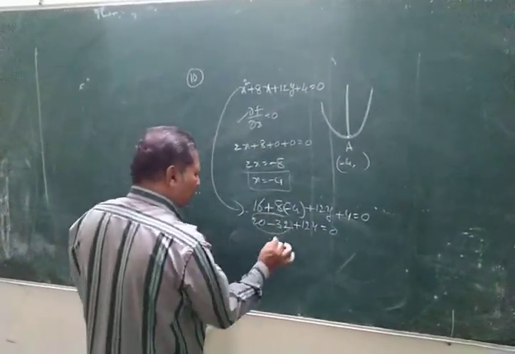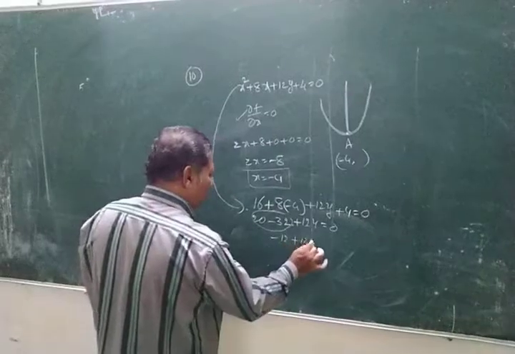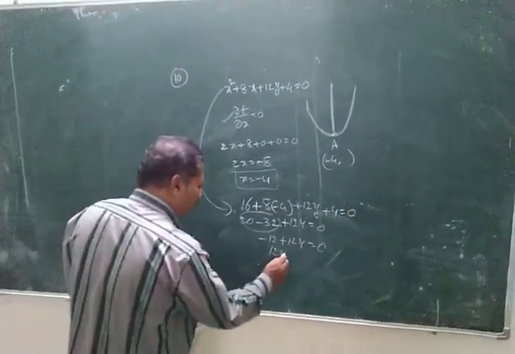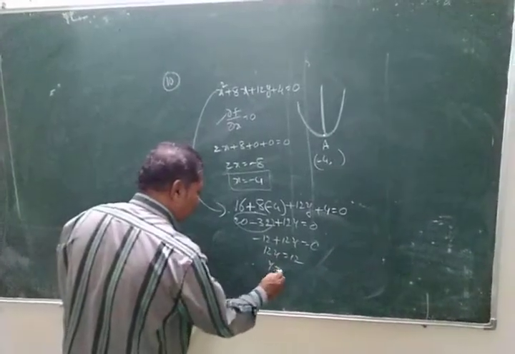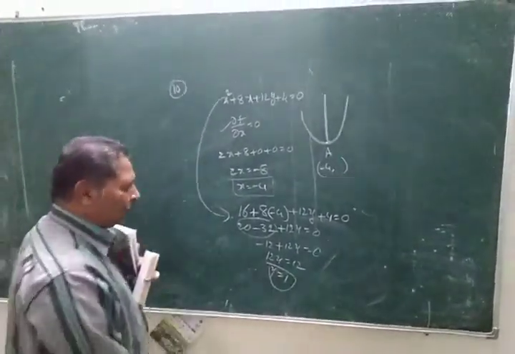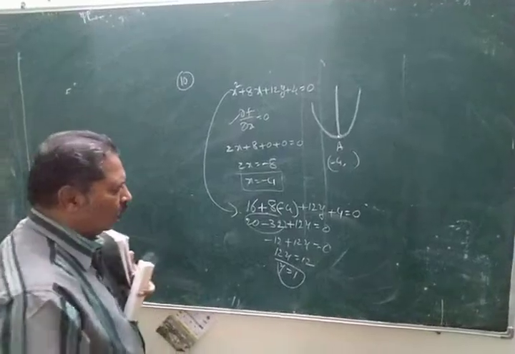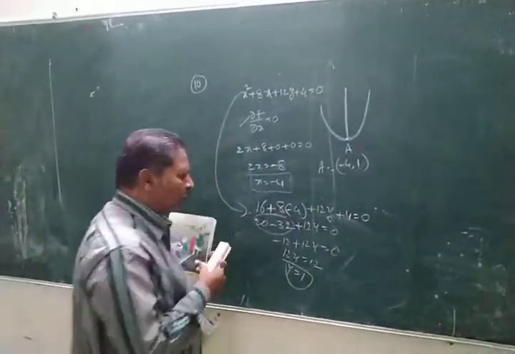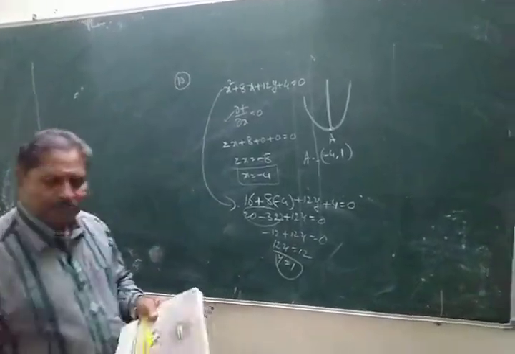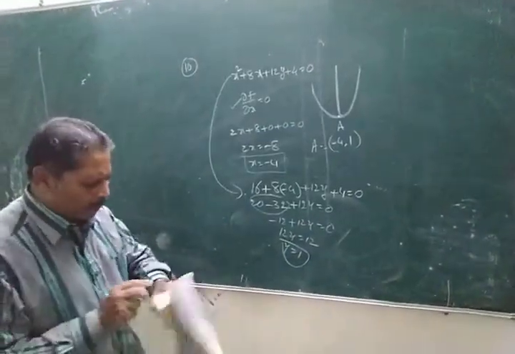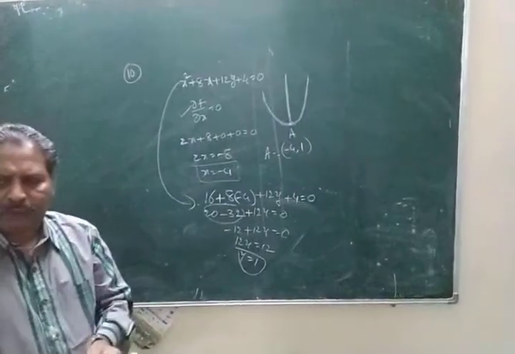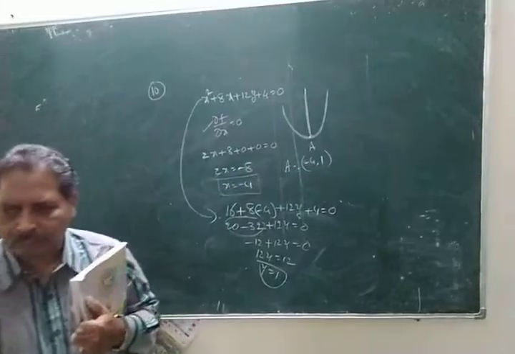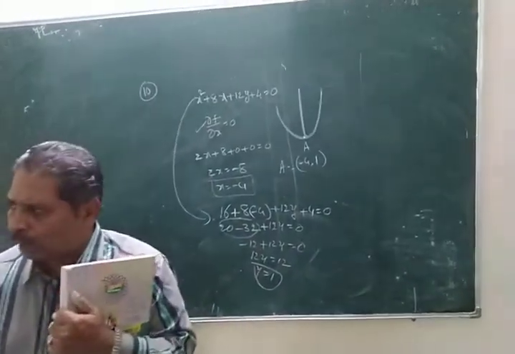This is minus 12 plus 12y equal to 0, so 12y equals 12 and the y value is 1. Therefore the vertex A is (minus 4, 1).